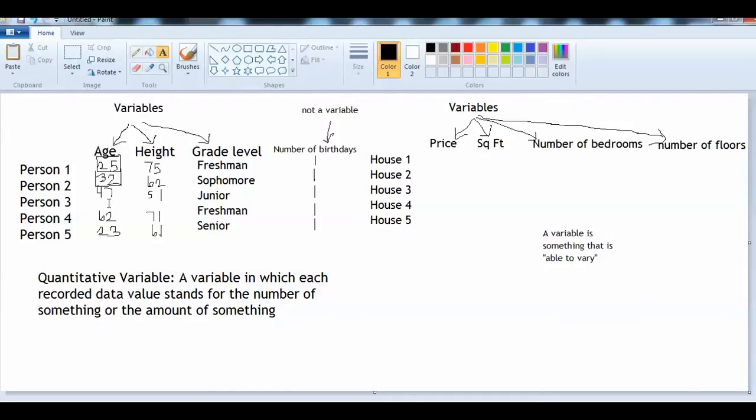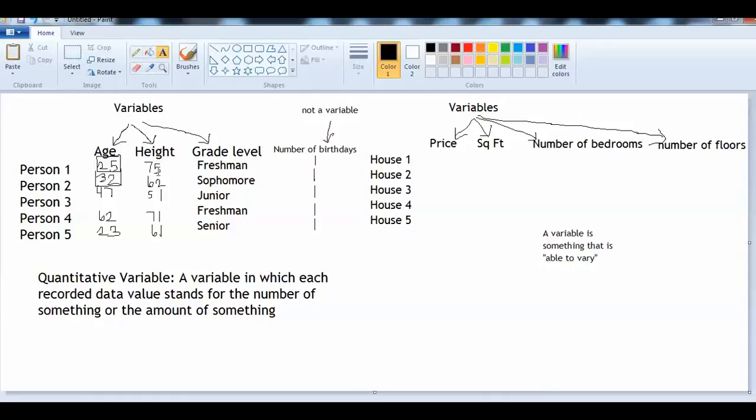So actually, each person's age and height are both quantitative variables because each person's age is an amount of something. Well, you could think of it as being the number of years that the person has lived, or you could think of it as being the amount of age that the person has. So each person's number is a quantity, meaning you could think of it as the number of something or the amount of something.